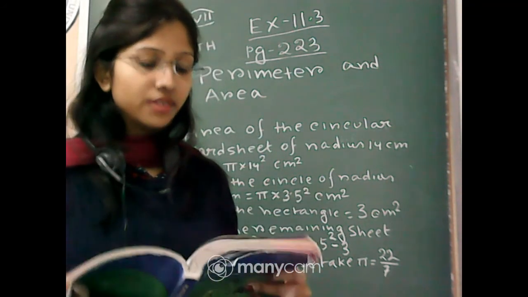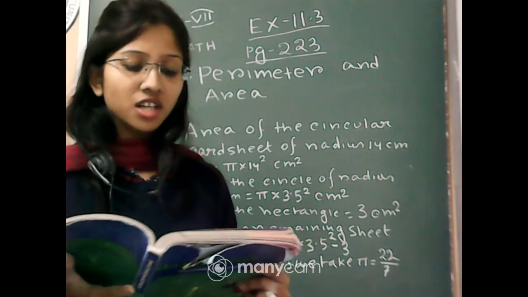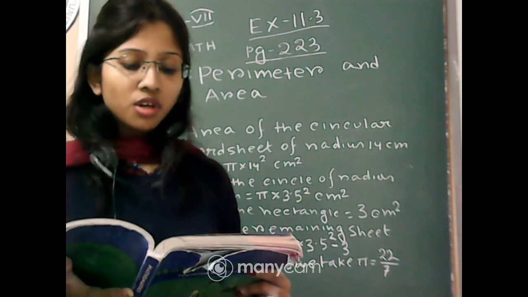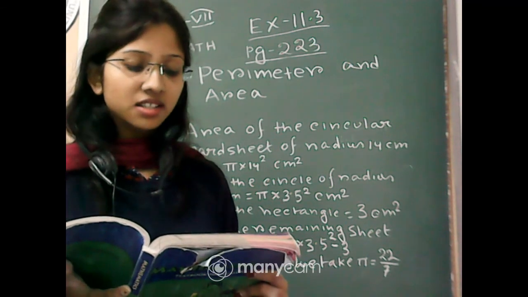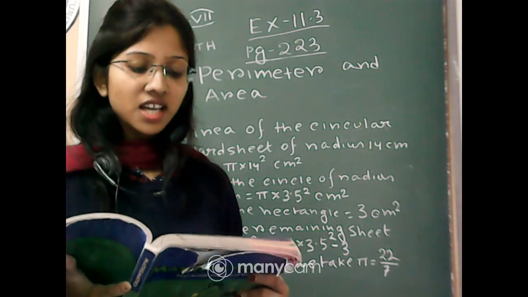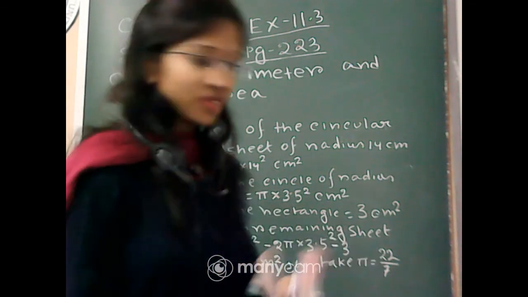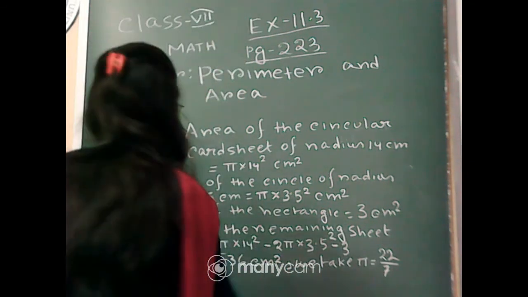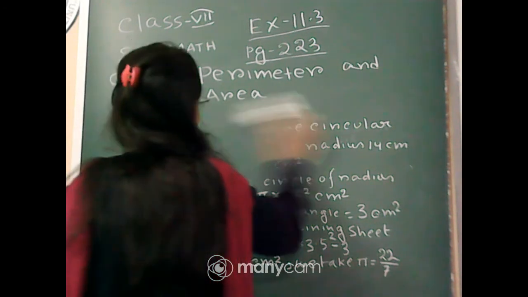Next, question number 11. A circle of radius 2 cm is cut out from a square piece of an aluminum sheet of side 6 cm. Then what is the area of the leftover aluminum sheet? Okay. First we will find the area of the circle, then area of the square piece.